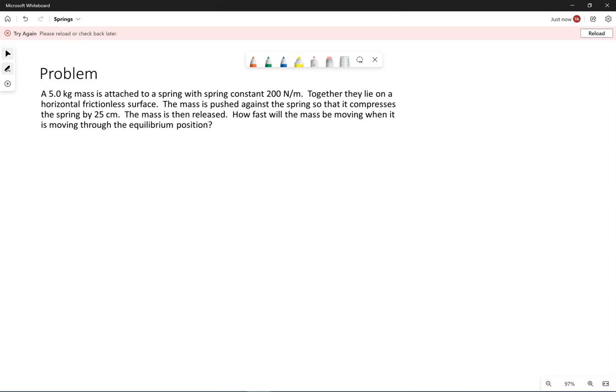All right, so we have mass, we have spring constant. I'm going to draw a representation of this. Now, when we talk about work done by a spring, we have our equation, negative 1/2 ks final squared plus 1/2 ks initial squared.